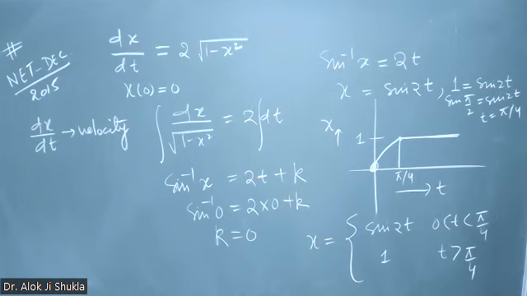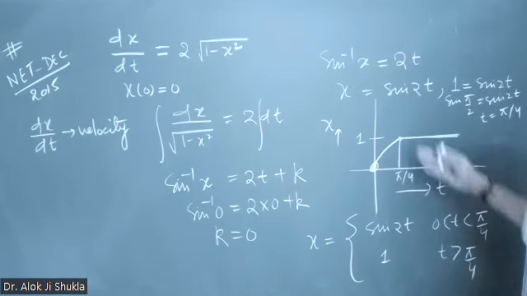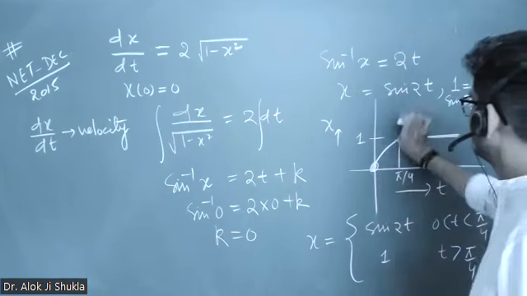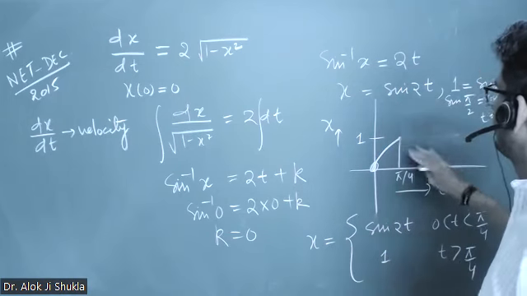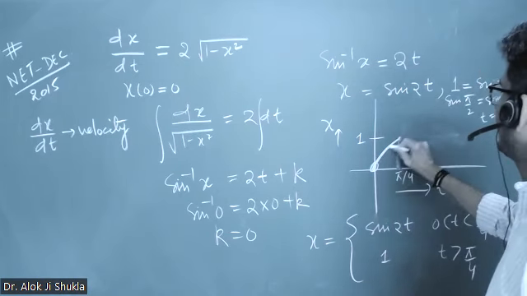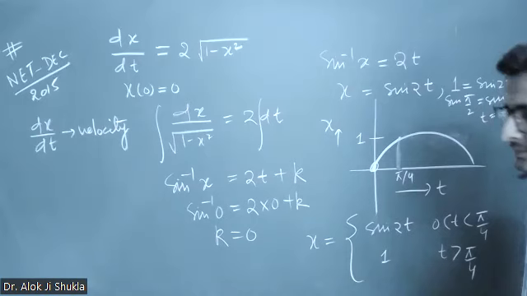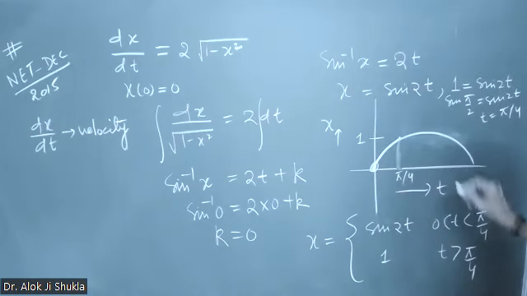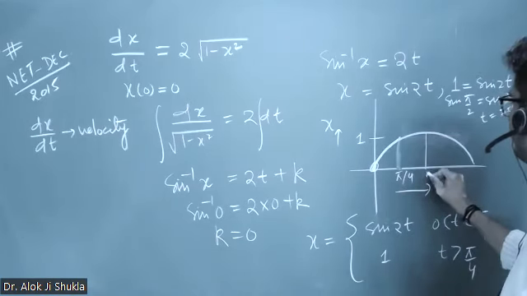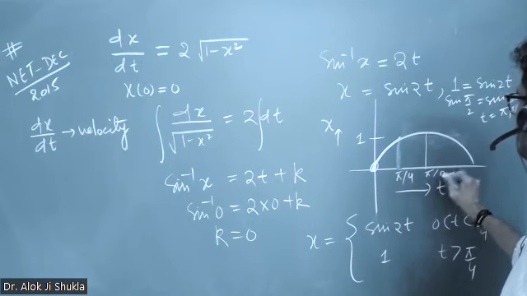Everybody agrees? Sir, can you explain the graph once more, sir? Graph is very simple. It is going like this. It is simply a sine graph. It will go like this. This is pi by 4, pi by 2.